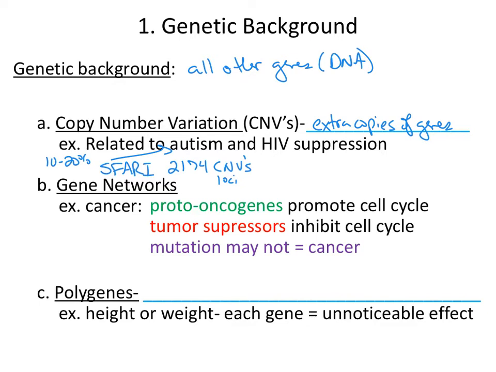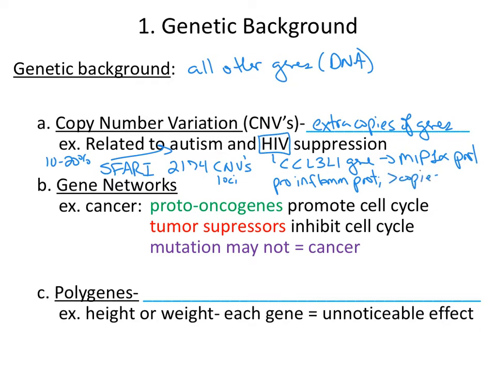Another example is HIV suppression. Okay. There's a gene, the CCL3L1 gene, which codes for the MIP1 alpha protein. Okay, that protein is a pro-inflammatory molecule. And the more copies, the better the HIV suppression, or the better the HIV host insusceptibility.